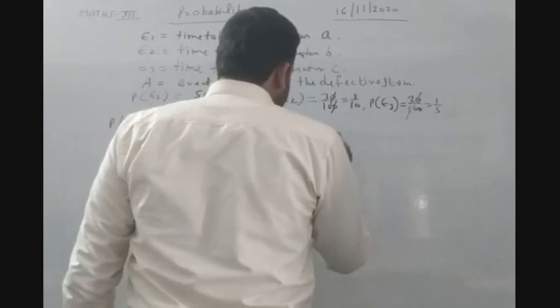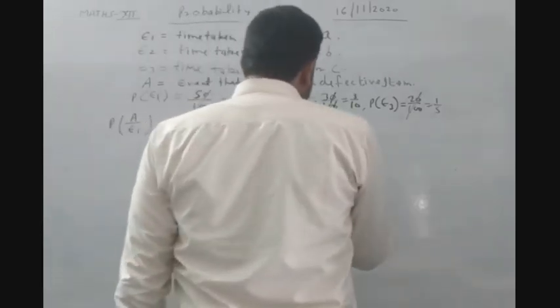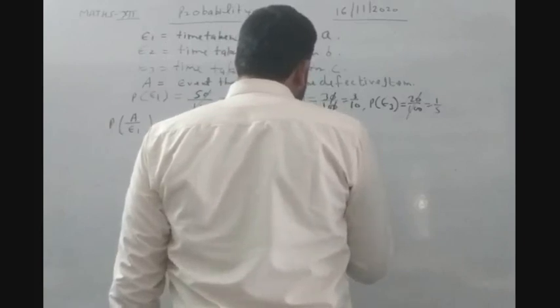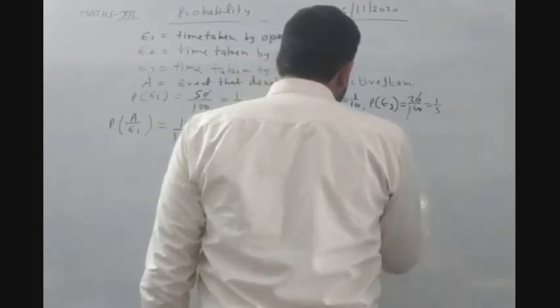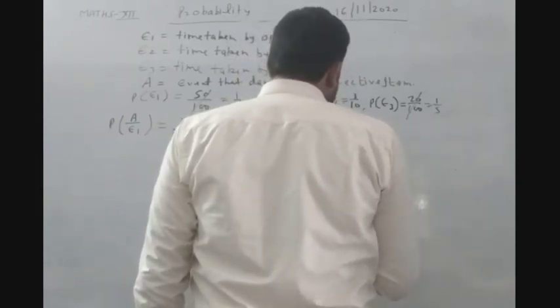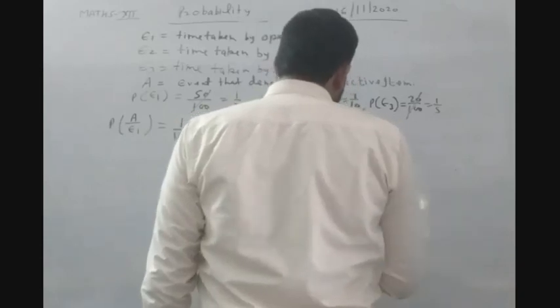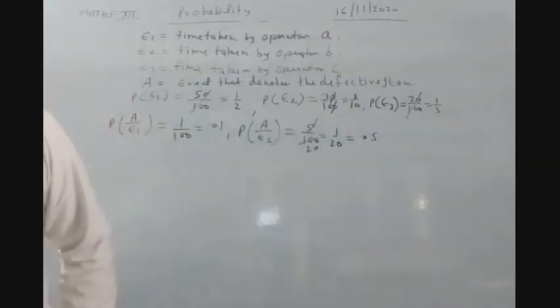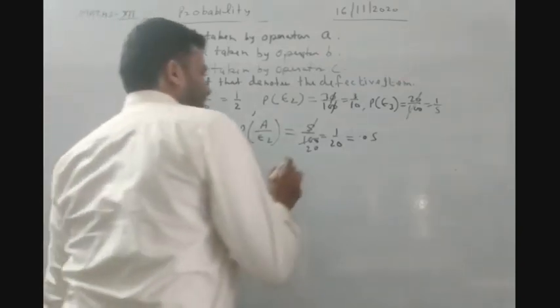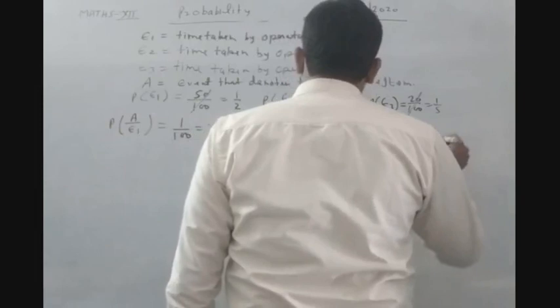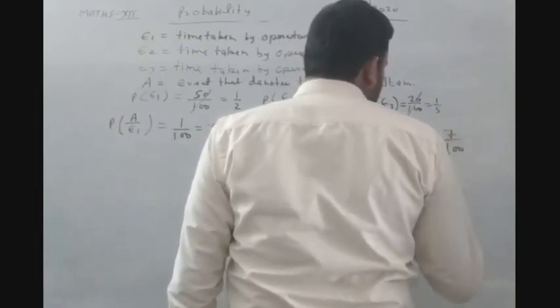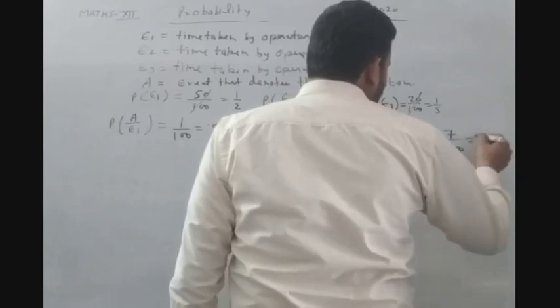Okay. So we get what? 1 by 20. And this is equal to 0.05, and third, it is given the operator C produces 7% defective items, and the probability of A by E3 is 7 by 100. So this will be equal to what? 0.07.